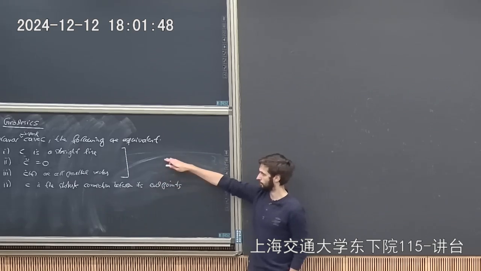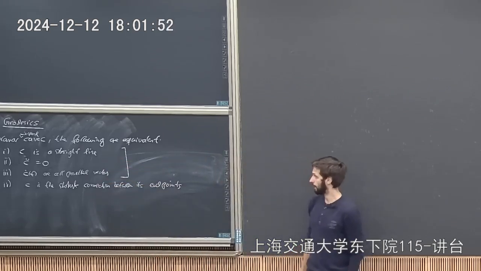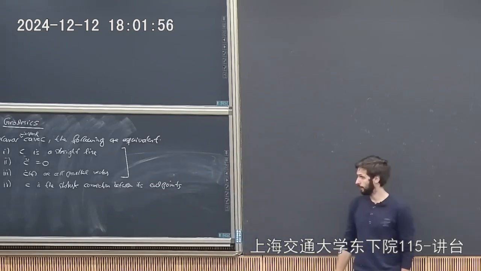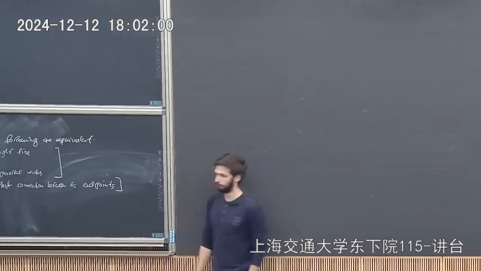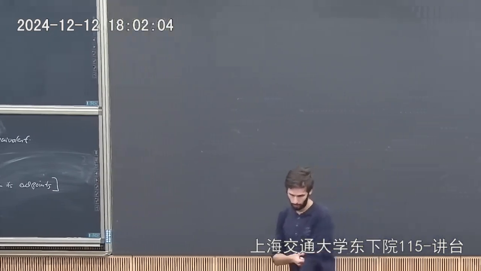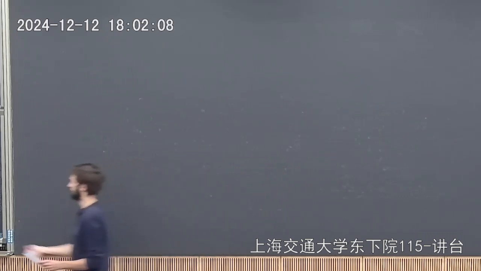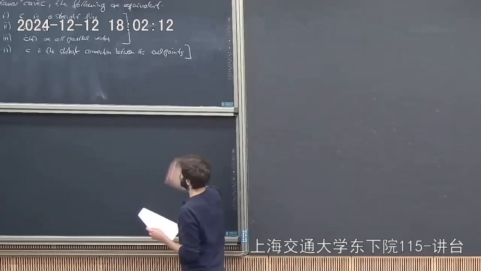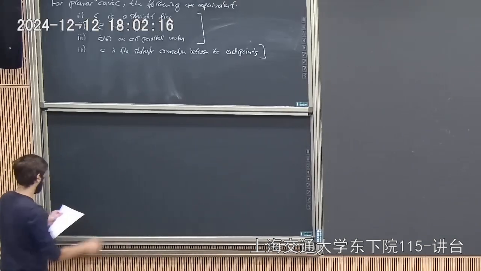So what is a straight line, and how you can relate it to the acceleration and to the tangent vectors being parallel. That will be the topic for today, and then next week we will focus more on the shortest connection property. So that's the plan. Let's directly dive in.